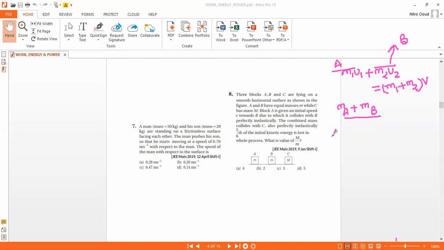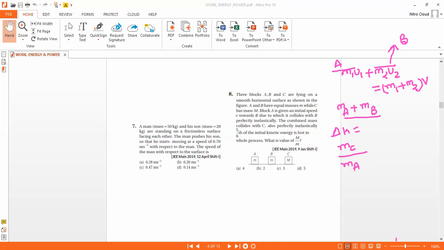Then what is the ratio of the mass of C to the mass of A or mass of B?